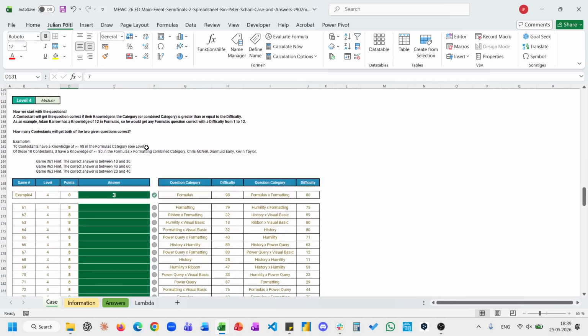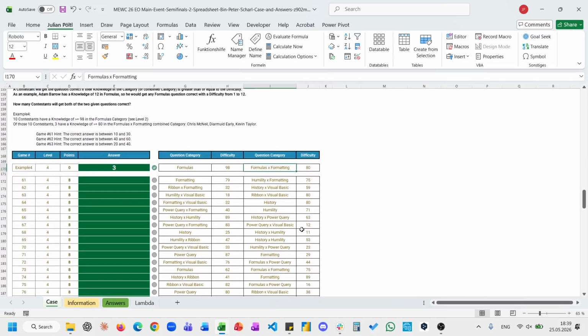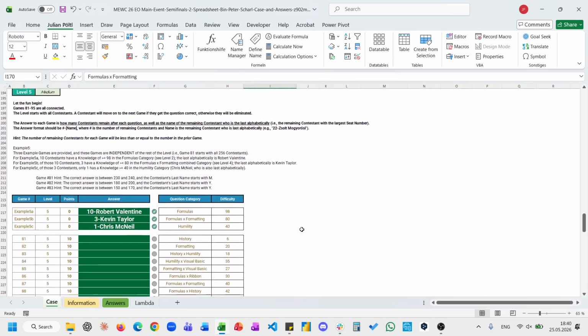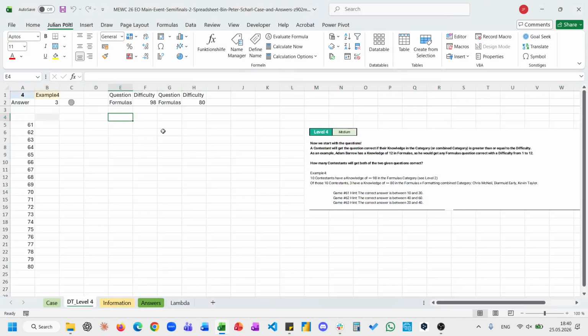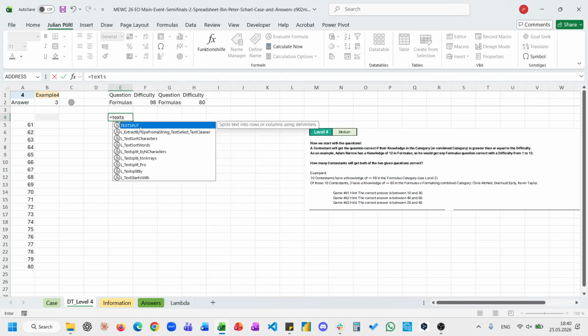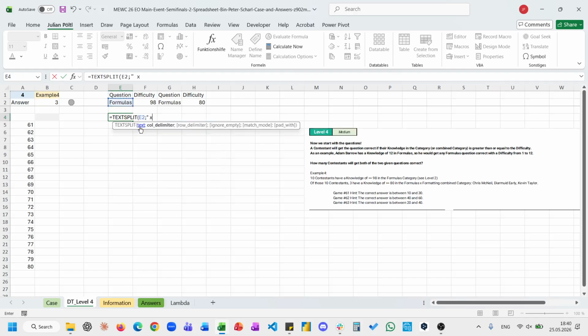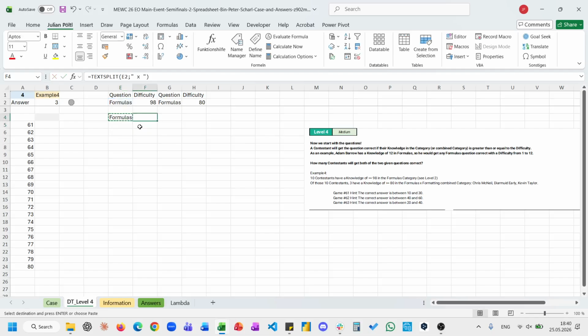Now we start with the questions. Contestants will get a question correct if their category is larger than the difficulty, and it's also sometimes mixed. So that's something to consider. Let's data table this, because why not? Text split, and there, text split is better than text before and text after.